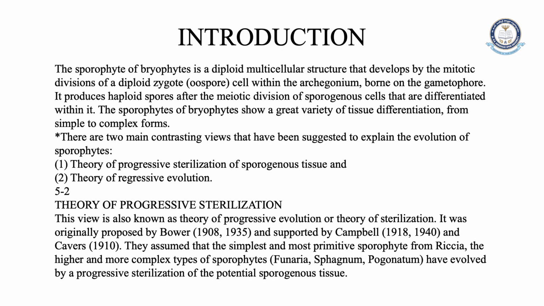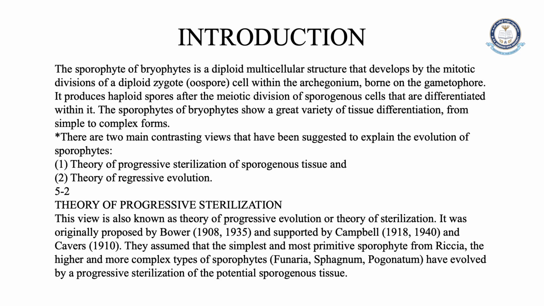It was originally proposed by the scientist Bower in 1908 and 1935, and supported by another scientist, Campbell, in 1918 and 1940, and by Cavers in 1910. These are the scientists who explain this theory.